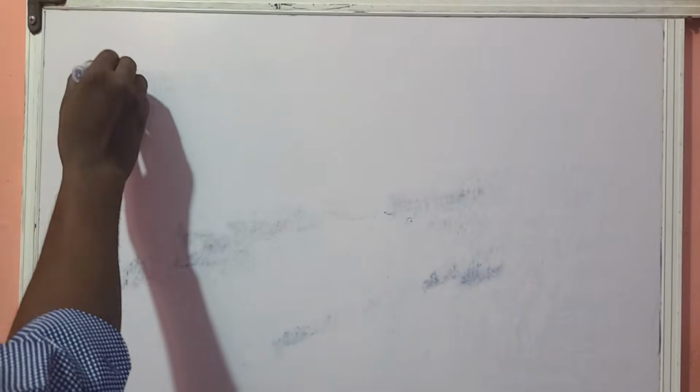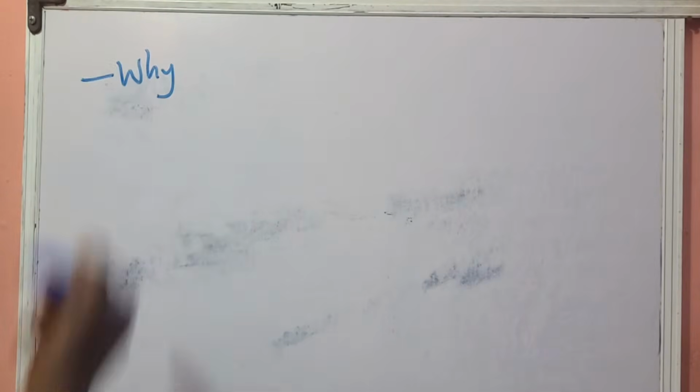Just like the other two tests we did already, all you need to focus on is, number one, what makes you decide to use a chi-square test. So the why. Why do I use a chi-square test?